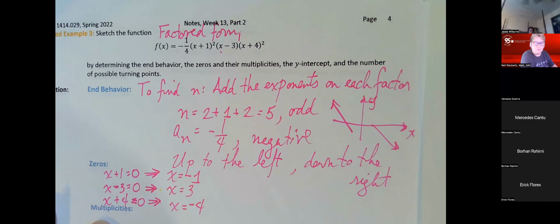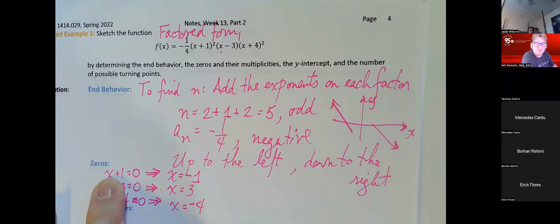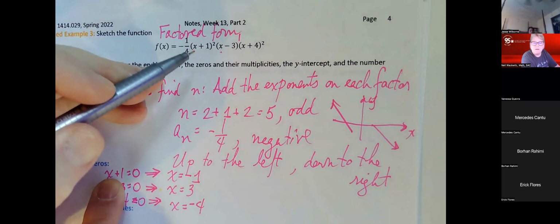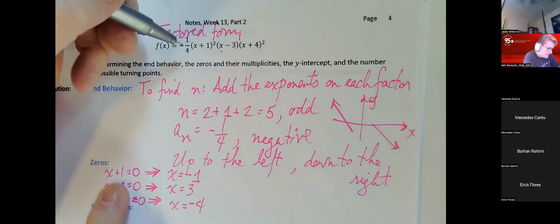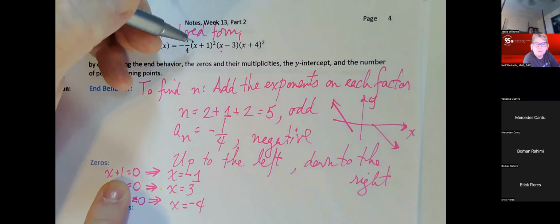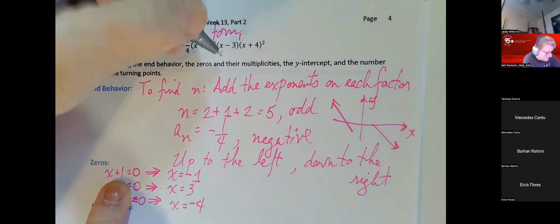Now I need to find the multiplicities. That means I'm going to look for the x plus 1 factor and write down its exponent. So what is that exponent on the x plus 1 factor? 2. Good.